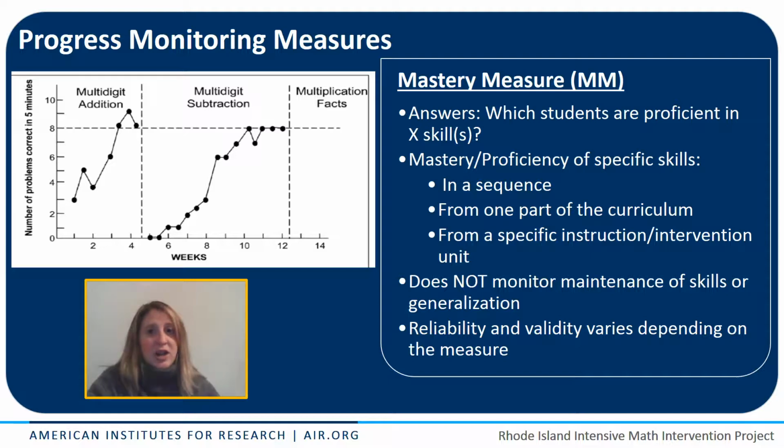In addition, how a student does on a mastery measure assessment does not indicate how he or she will do on standardized tests, because the number of objectives mastered does not typically relate well to performance on criterion measures. Some are teacher-made, sometimes commercial, so reliability and validity vary depending on the measure.